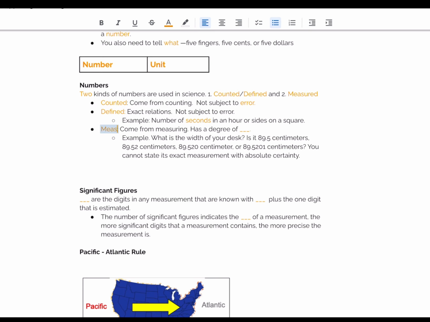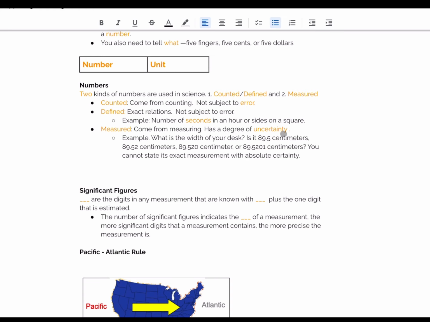Then let's move on to measured numbers. These come from measuring, and these are different. These have a degree of uncertainty to them. When you're measuring something, like for example, the width of your desk, let's say it's 89.5 centimeters.